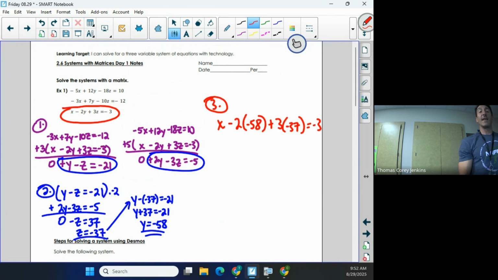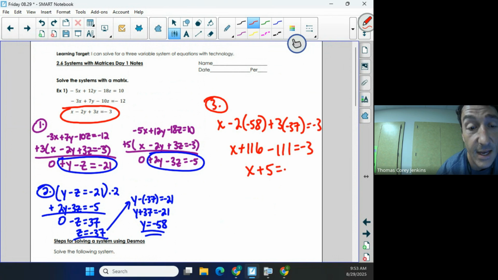Okay, if we simplify that right side, negative 2 times negative 58 is plus 116. 3 times negative 37 would be minus 111. Add your like terms. We really just have x plus 5 equals negative 3.